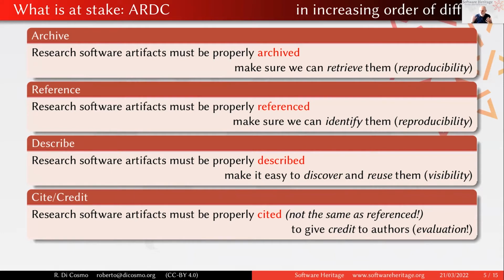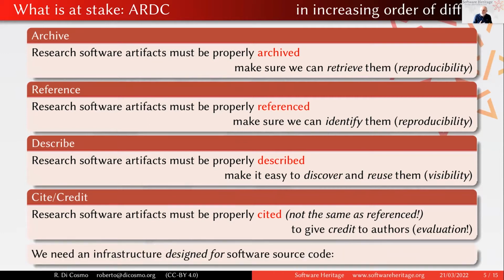I mean, this is a human operation that requires some time, especially because it is connected then to evaluation. Well, if you want to address all these 4 needs in a proper way, we need infrastructures that are designed actually for software source code and not abuse infrastructure designed for data or for publication that are not designed for software. But the good news is that now we have one, and we will see this in a few minutes.